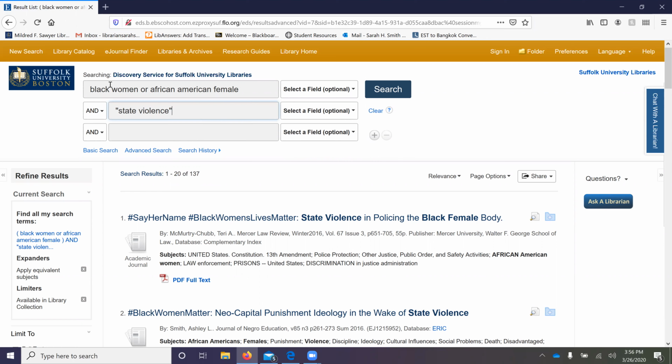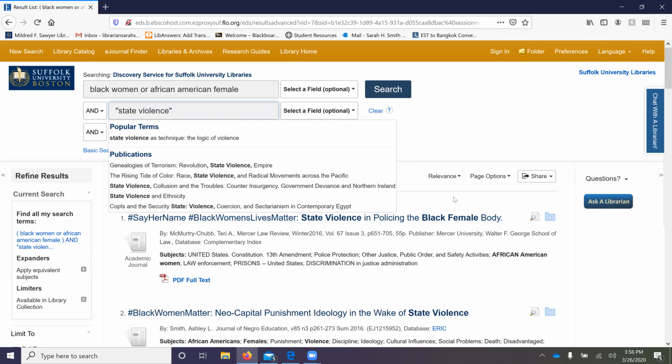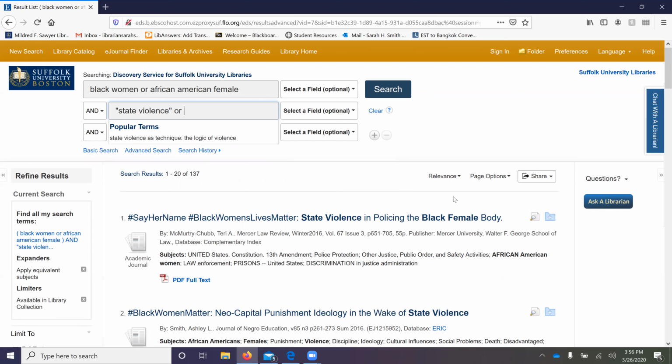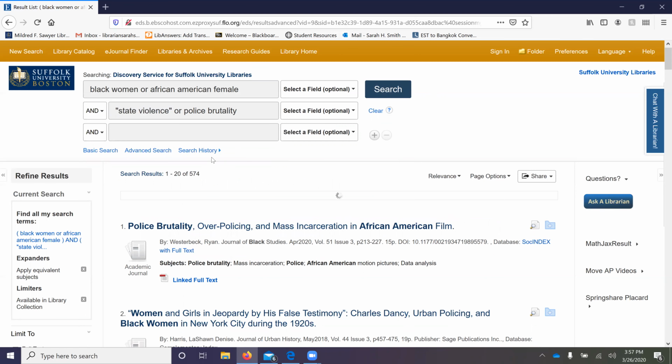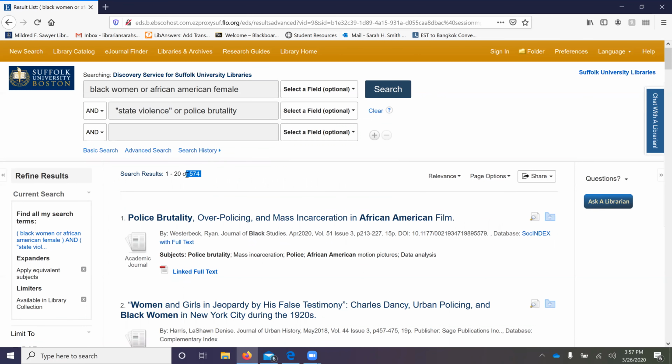You could also use state violence. Another term for state violence is police brutality. Well, police brutality is a type of state violence too. So we can do state violence or police brutality and search. And that got us to 574 results.